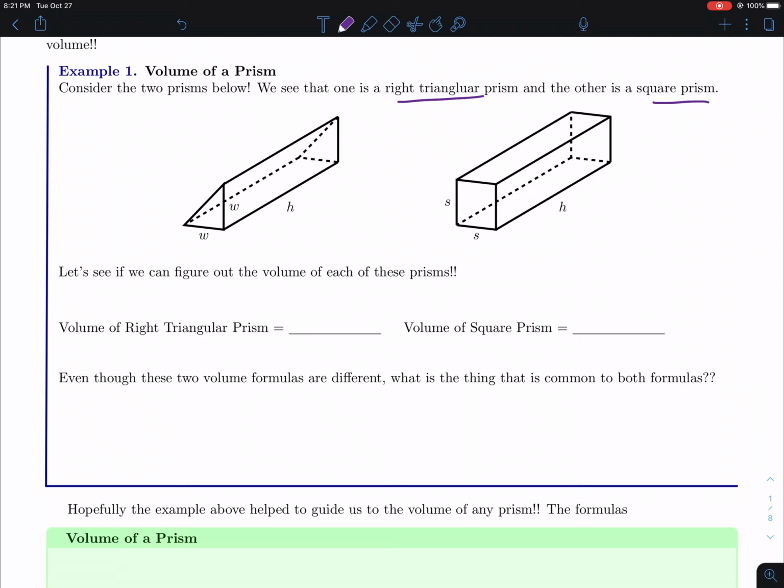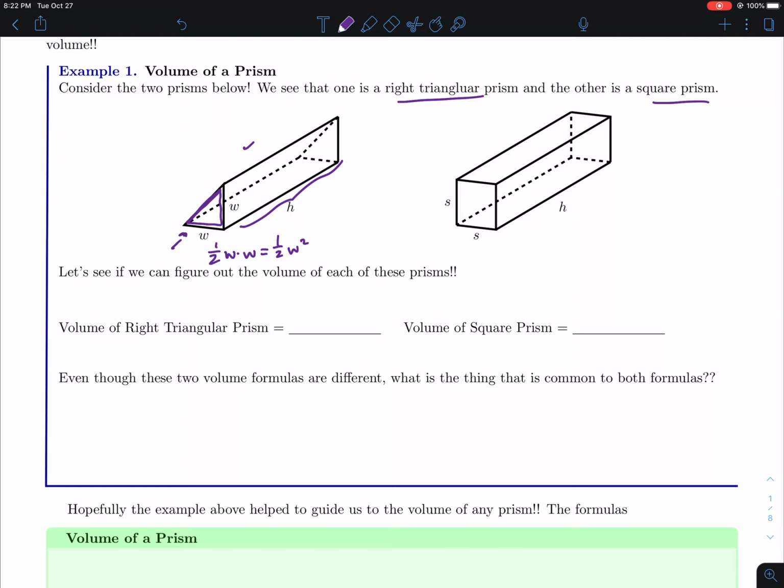If we look at the triangle first, when you're talking about volume, you're finding the area of the base first. In this case, it would be 1/2 width times width, or 1/2 width squared. And then the idea is, when you're doing volume, you're basically repeating that triangle a bunch of times so that you can fill out that length that we're looking for.